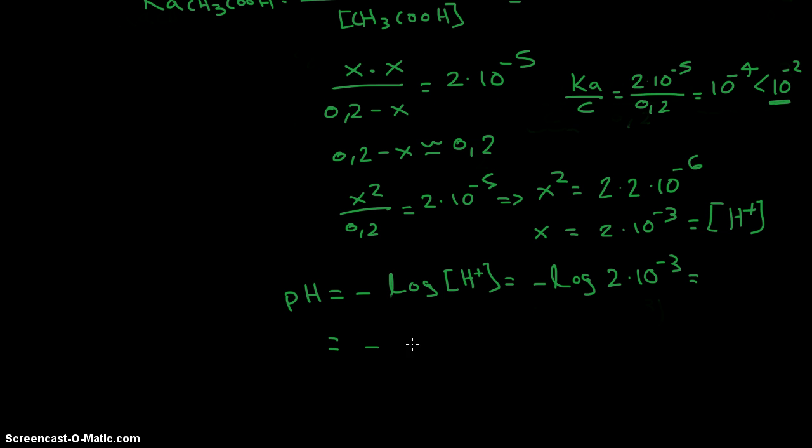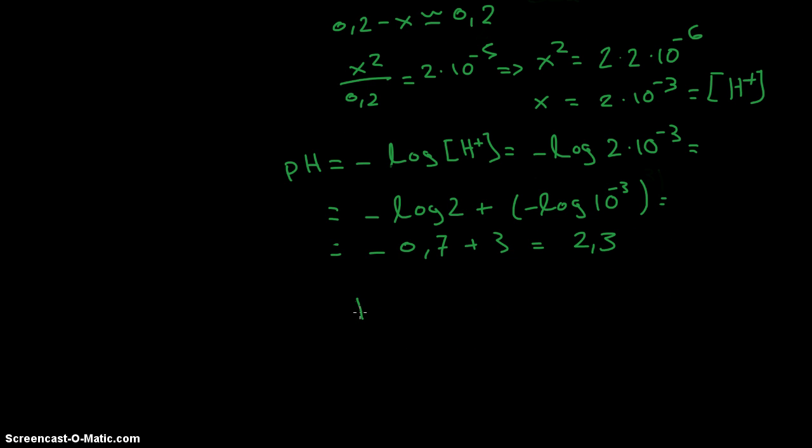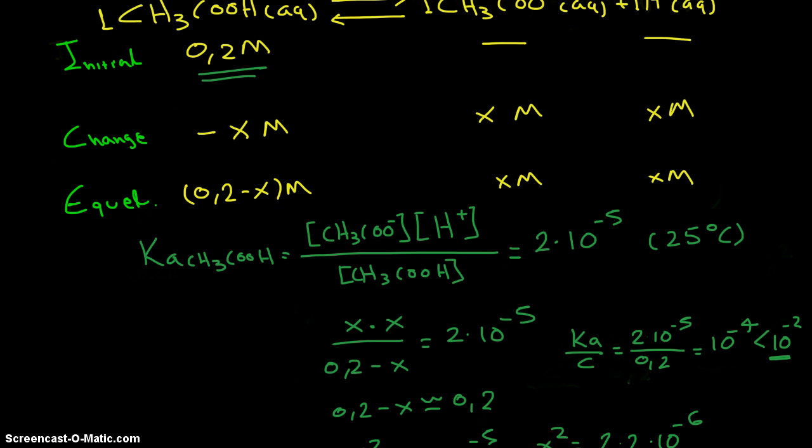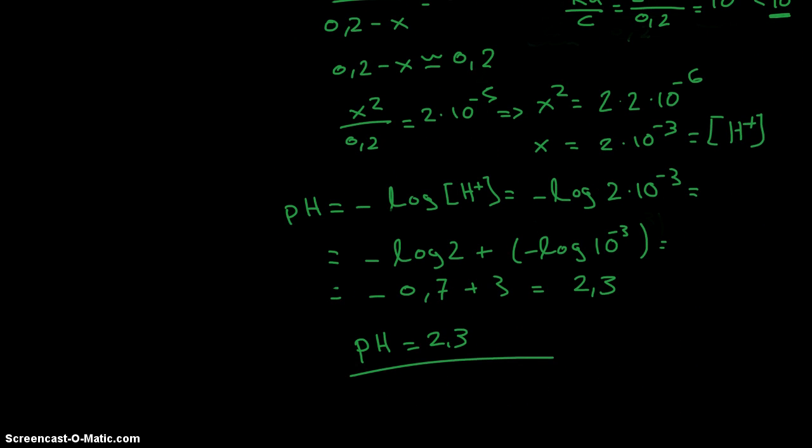So this is going to give us minus log 2 plus minus log 10 to the minus 3. Log 2 is 0.3, so minus log 2 is 0.7, plus 3. This equals 2.3. So the pH for this weak acid at 0.2 molar will be 2.3.